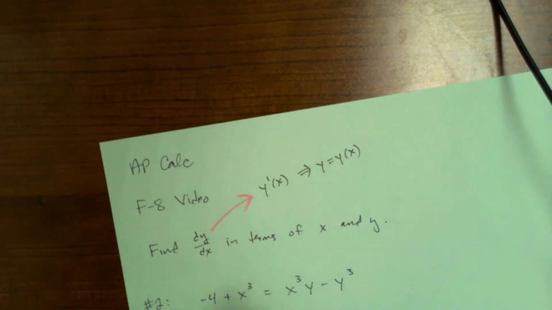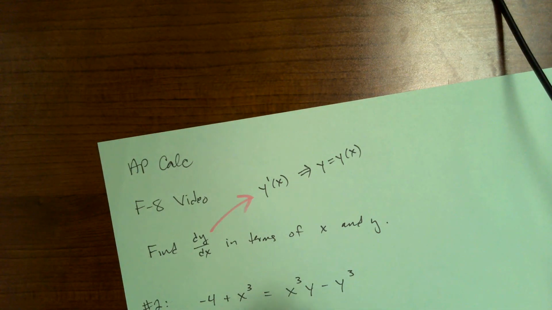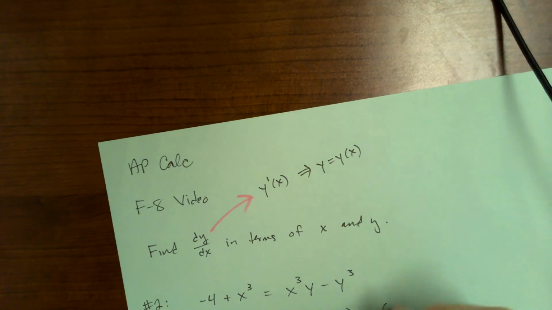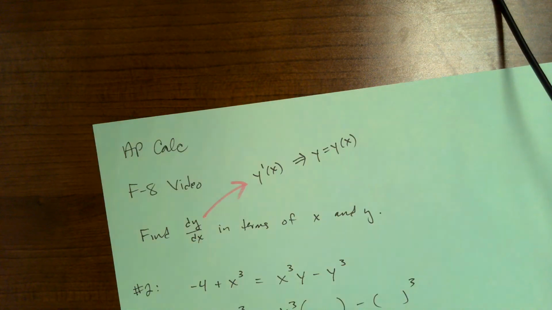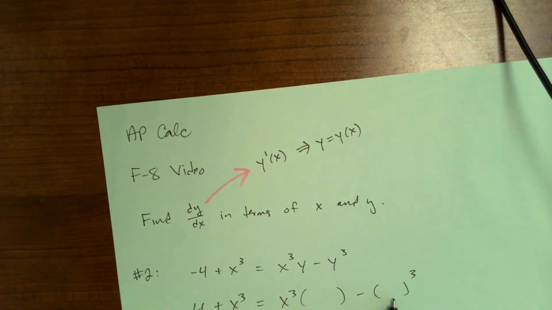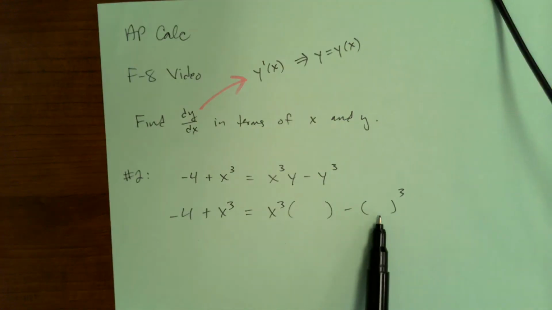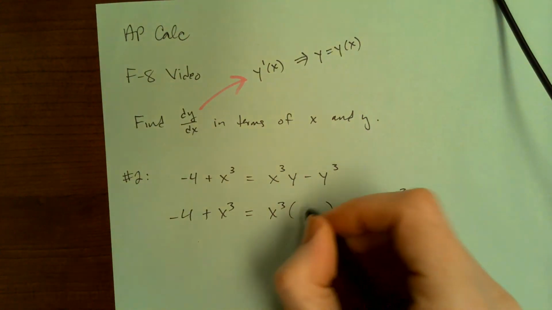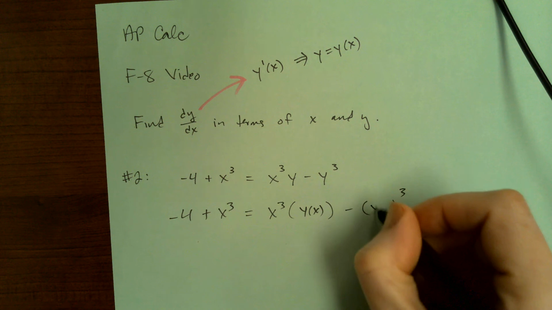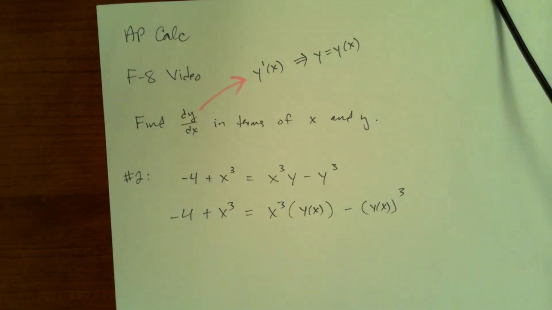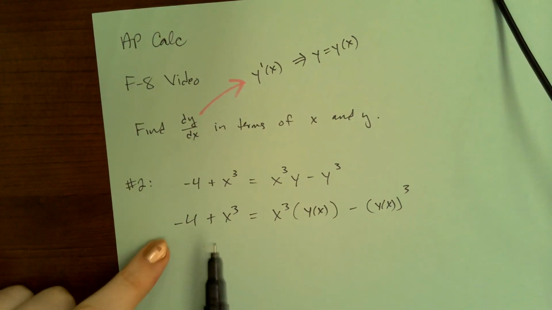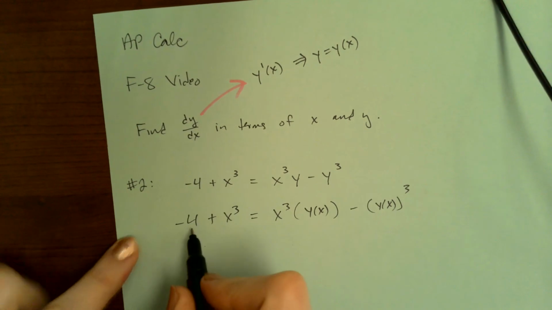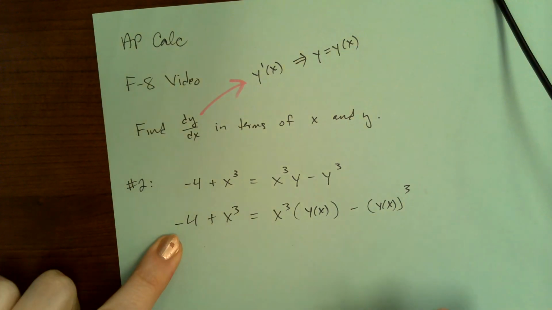So the x's are fine, but the y's need to be replaced. So I used to have y's here. Now I'm putting y of x. Okay. So the derivative of -4 is 0.